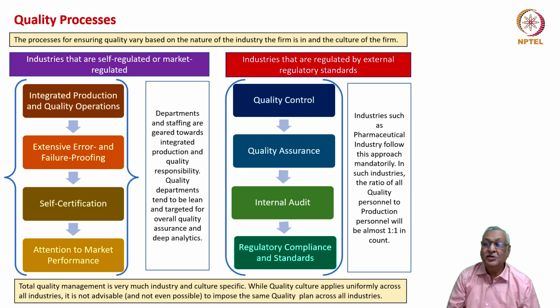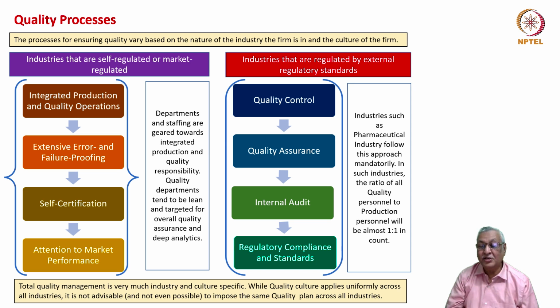So in pharmaceutical industries, we have 4 levels of quality. One, quality control, that is every day's production is tested against specifications and that batch is certified for release. Then you have quality assurance, which ensures that the systems, process, and execution are as per prescribed standards. It assures that there is quality system, documentation system, and execution system that is quality compliant in the company. Then we have internal audit.